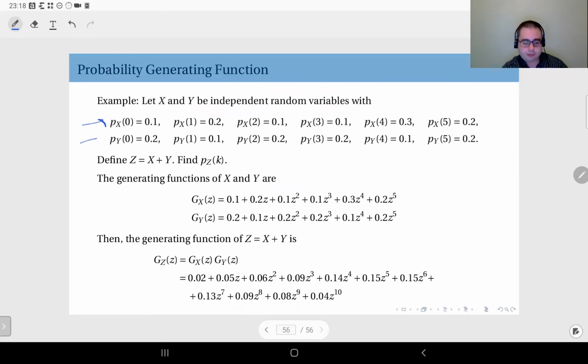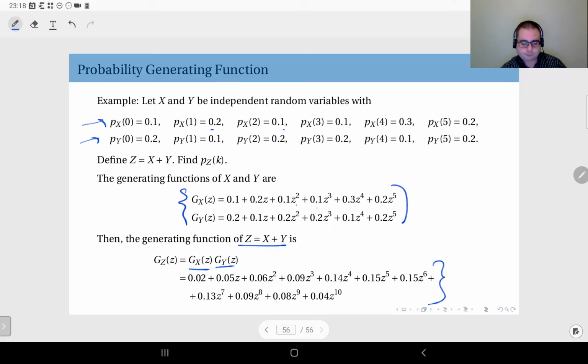Based on these distributions, you can write the generating functions of these two random variables in this way: 0.1 plus 0.2 z plus 0.1 z squared plus 0.1 z cubed, etc. Then the generating function of their sum equals the product of their generating functions. You multiply these; of course, you don't do this by hand, usually you use a computing tool, and this is the resulting function.